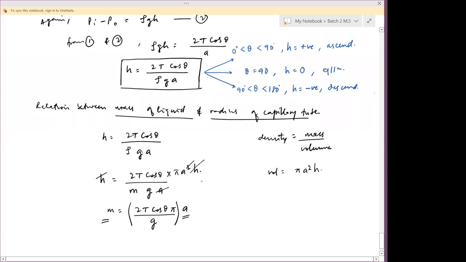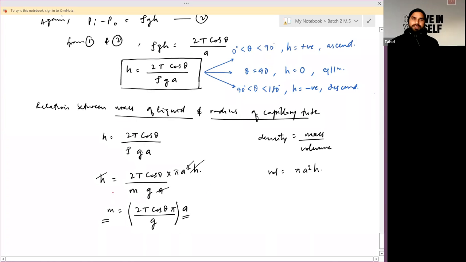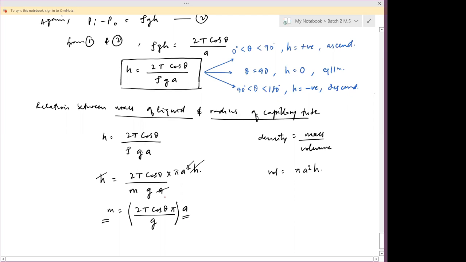Okay. Now, there will be some questions related to these two terms, height related to A and mass related to A. Just write it down till this part. Done, sir.